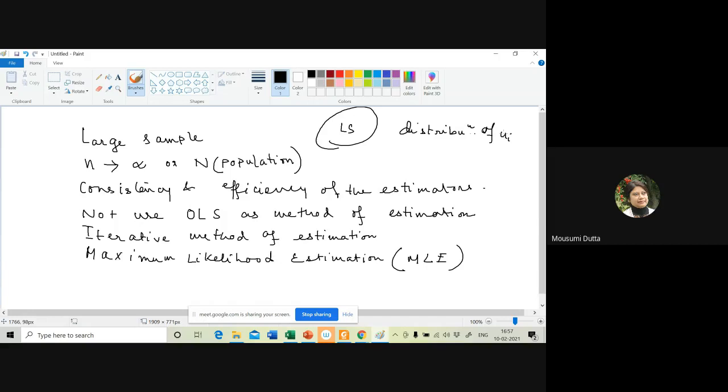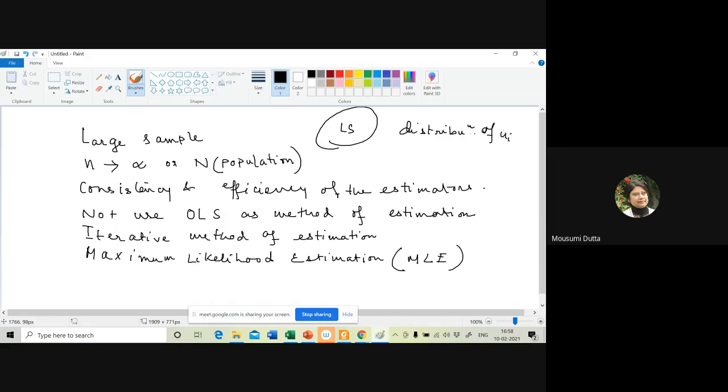Everybody is aware of the maximum likelihood estimation technique. You did it at your undergraduate level. We need to define a likelihood function and then we need to maximize it, if differentiable. If it is not differentiable, then by some other means we try to increase the value.